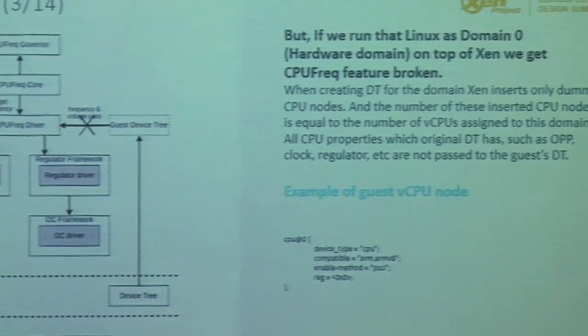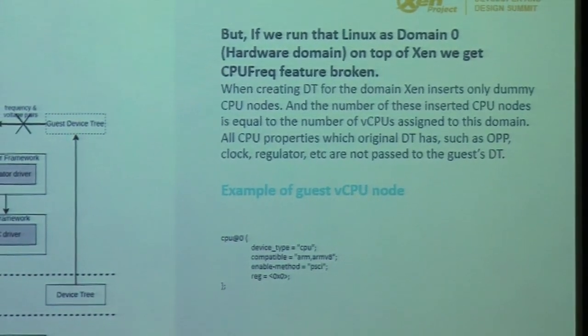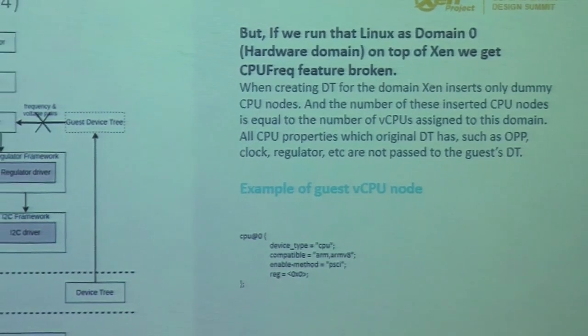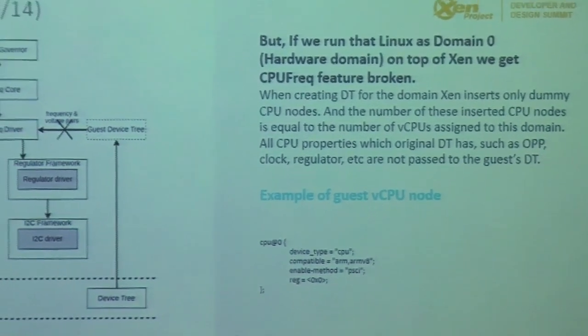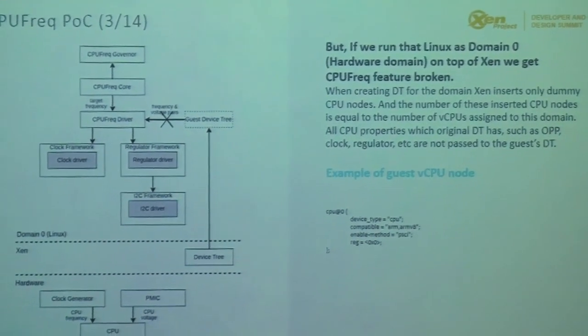But if we run that Linux from the BSP as domain 0 or as the hardware domain, we get the CPUFreq feature broken. This is actually expected, so there is no issue.